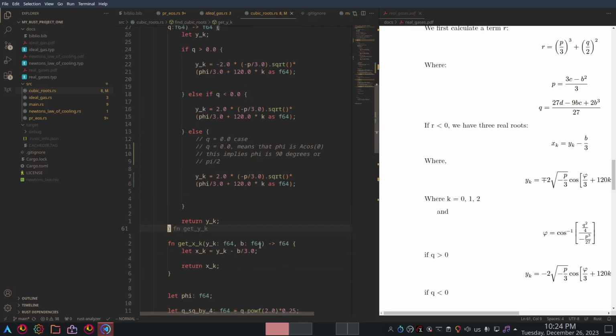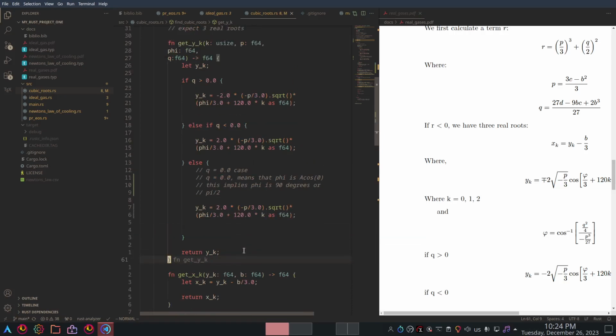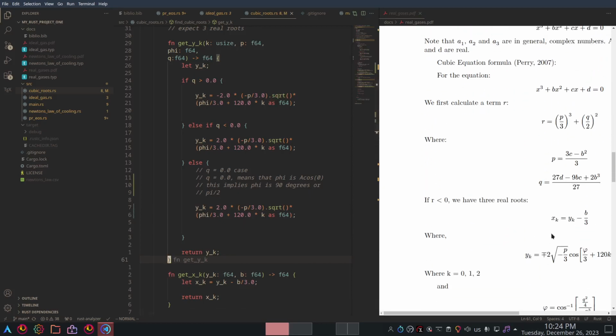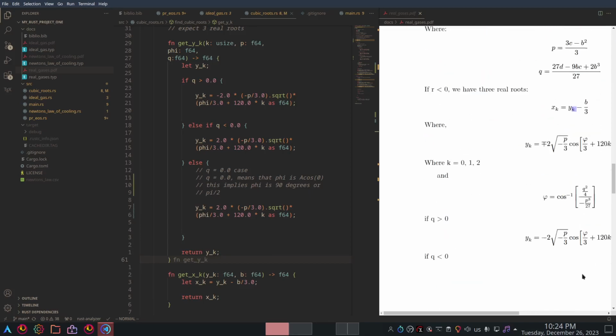So this is the get yk function. This should in turn rely on xk. I mean, xk is here, right? Yeah, xk is yk minus b over 3.